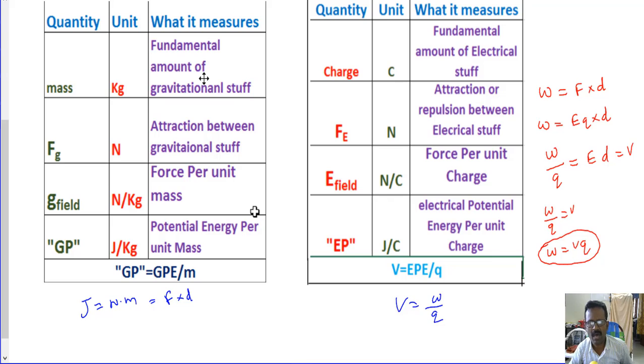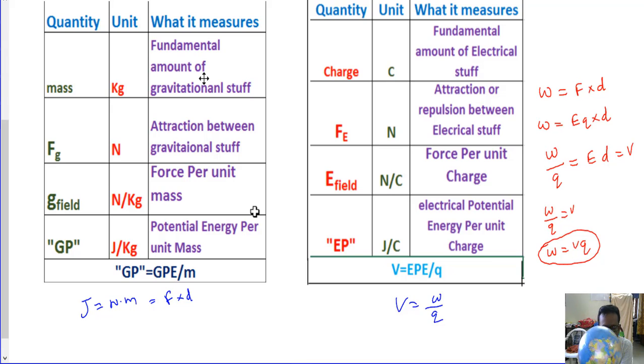This is one mass, this is the earth, and this is another mass. What will happen when we bring a mass around this area? It will attract. When I bring a mass here, both will attract each other.